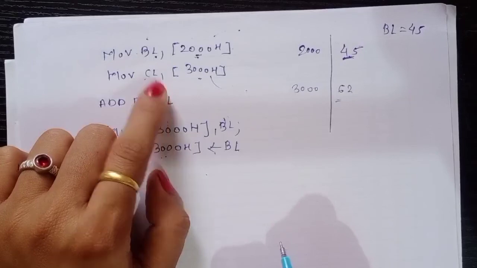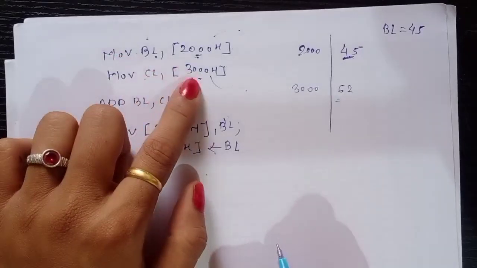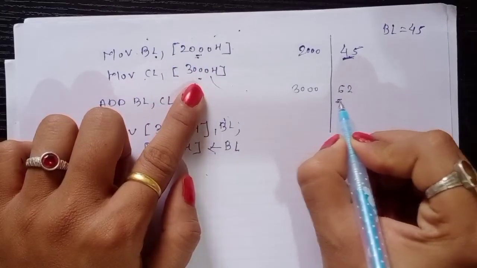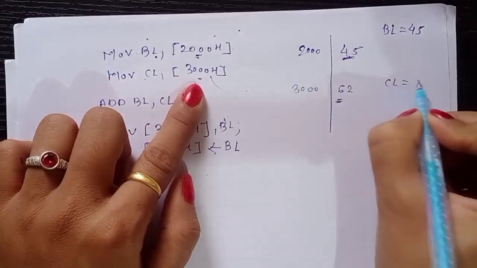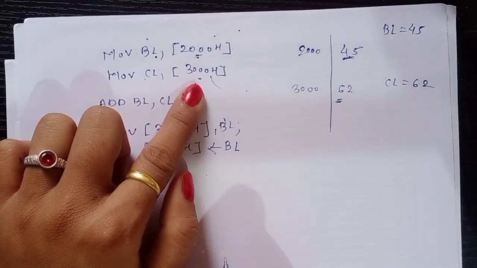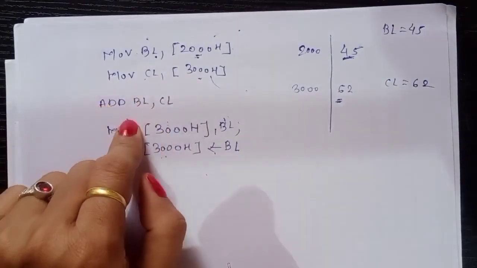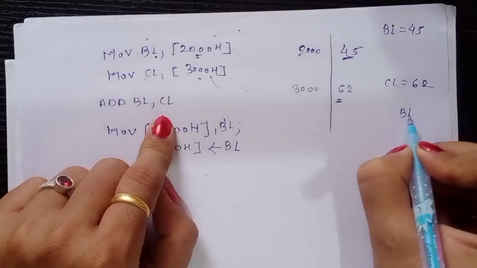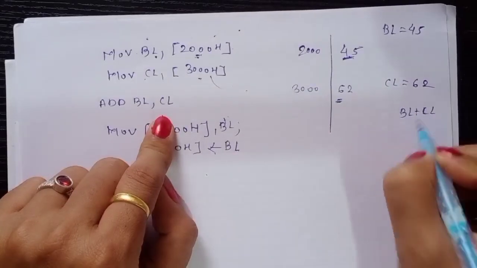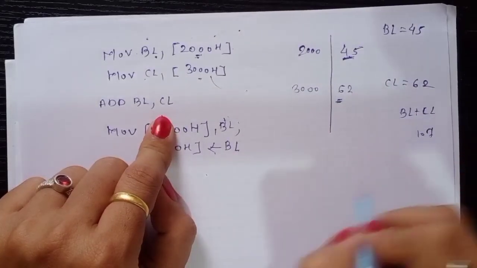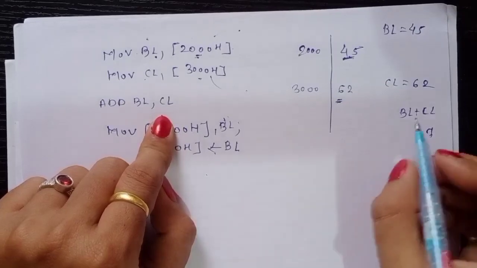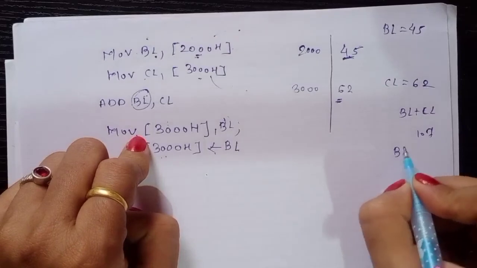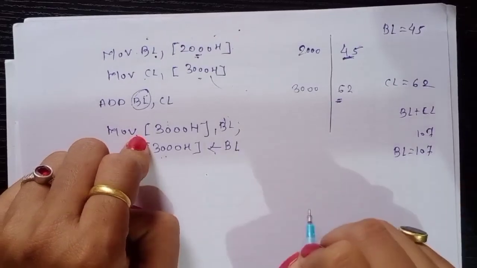Now CL will get the data from memory location 3000, which carries 62. That means your CL will become 62. Now ADD BL, CL: BL plus CL gives 107, and the result is stored inside BL. Now your BL is becoming 107.